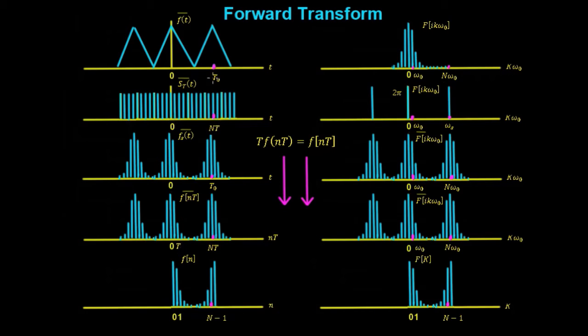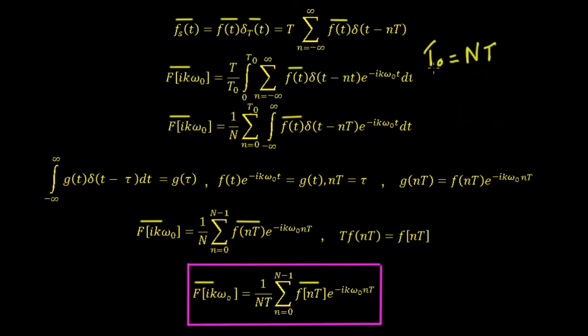So we're left with this little equation, T naught equals NT. So don't get mixed up with these. T naught is the period of the time domain function here, and T is the period of the sampler. So we have this T naught equals NT.